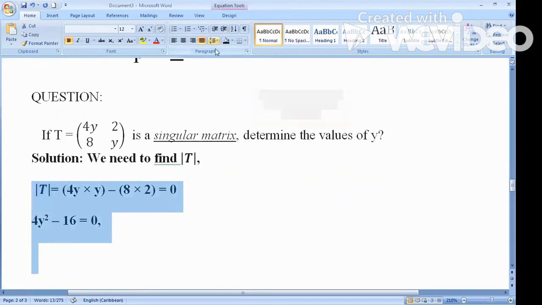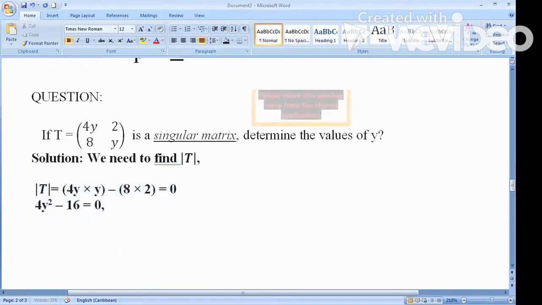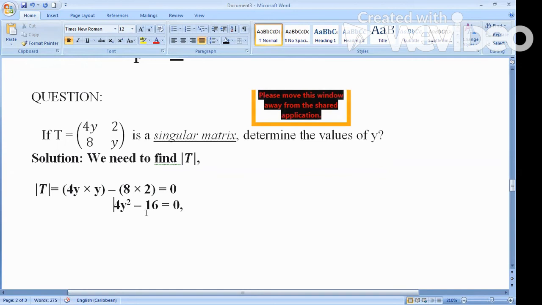Anything you do on the right, you do on the left. So what do I want? I want y, so I don't need negative 16.